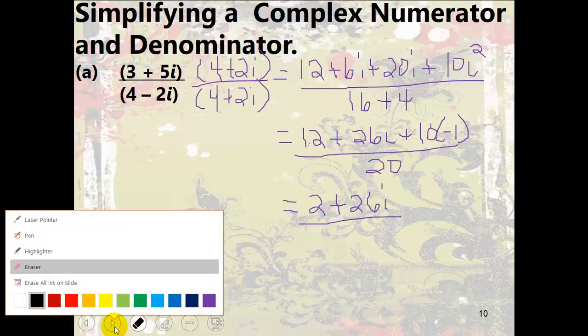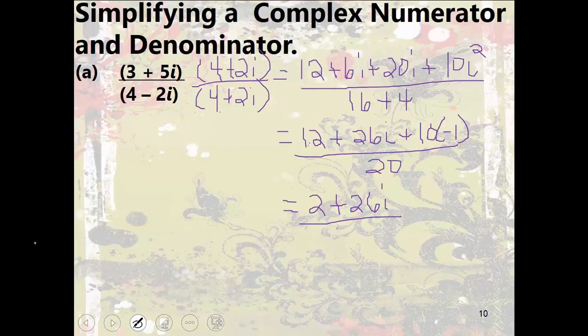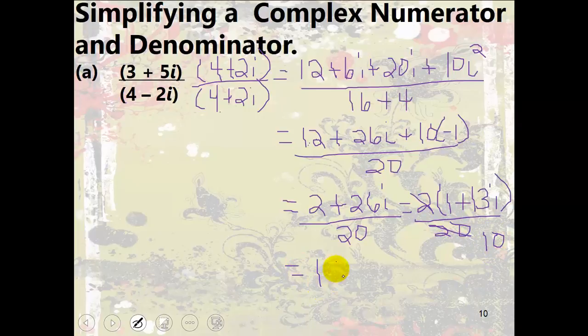And now I'm going to factor a 2 out of the numerator, and that gives me 1 plus 13i. And then I'm going to cancel it with the 20 in the denominator. So I get 1 plus 13i over 10. And that's my final answer.